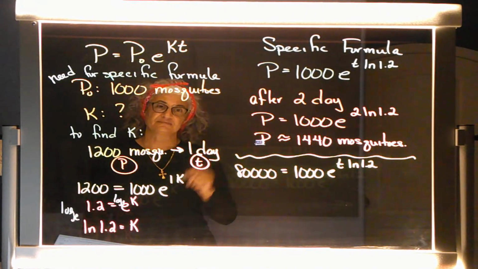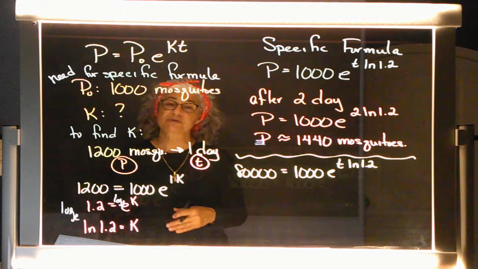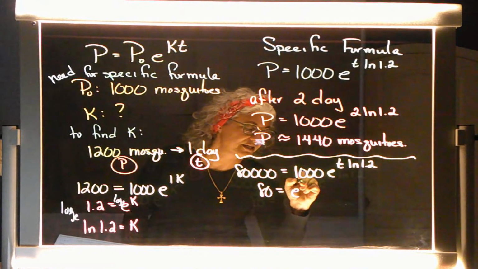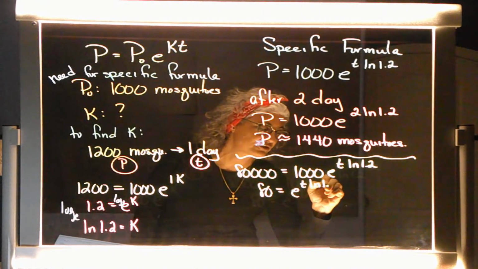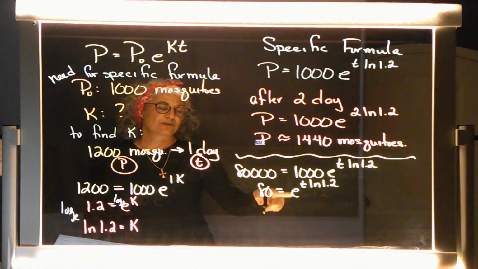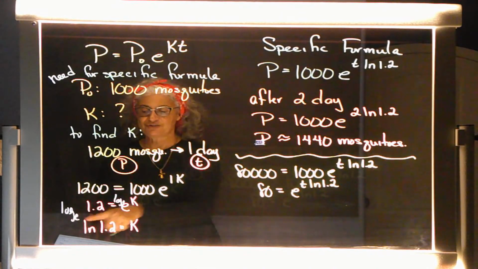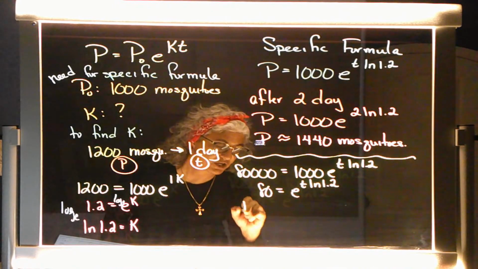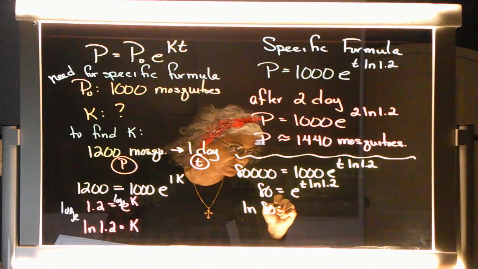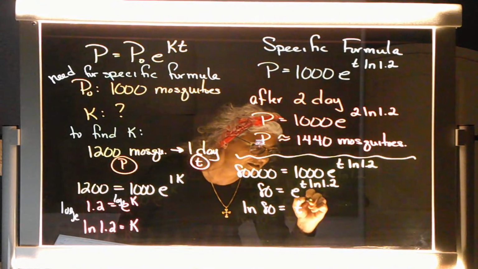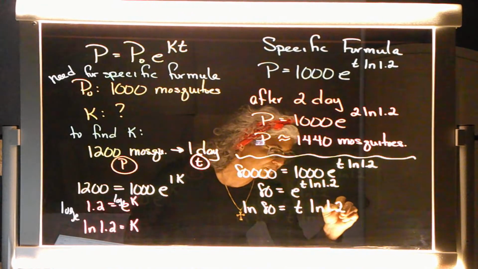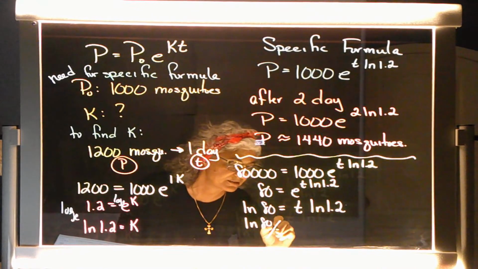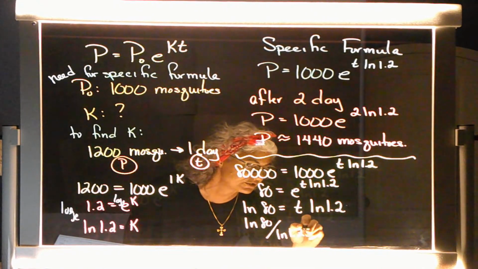Okay, so time to do your algebra. Divide both sides by 1,000. So I get 80 equals e raised to the T times that natural log. To get rid of the base e, got to do the same thing we did over here, right? I got to take the natural log on both sides. So my next line looks like the natural log of 80 equals T times the natural log of 1.2. And then finally, we divide both sides by the natural log of 1.2.